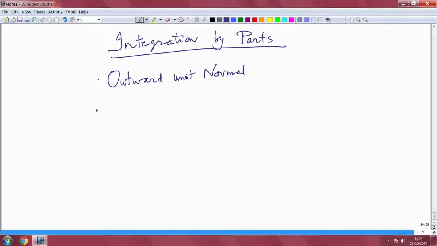And then there is a much deeper concept called an orientation. I do not want to get into these things, but these are the important things.